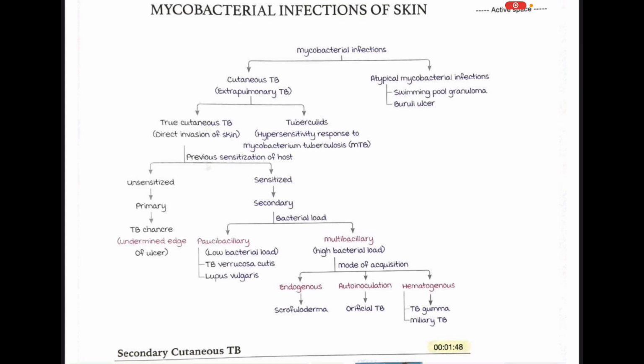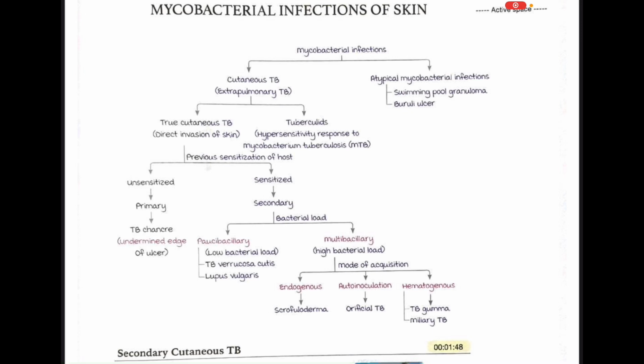So true cutaneous TB is direct invasion of skin, while tuberculids is hypersensitivity reaction to Mycobacterium tuberculosis. So true cutaneous TB, direct invasion, previous sensitization of host. Unsensitized host or sensitized host.